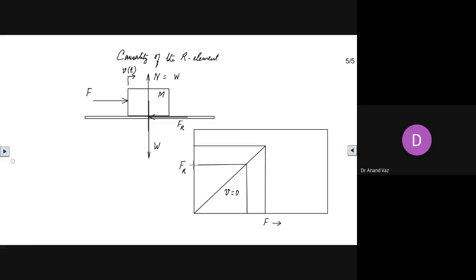It's an absolutely linear relationship over here, so far. Now over here you have impending motion.